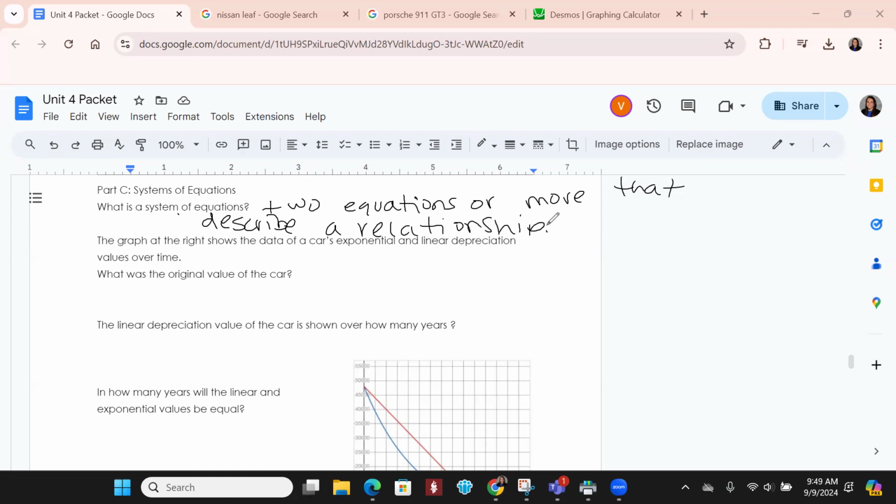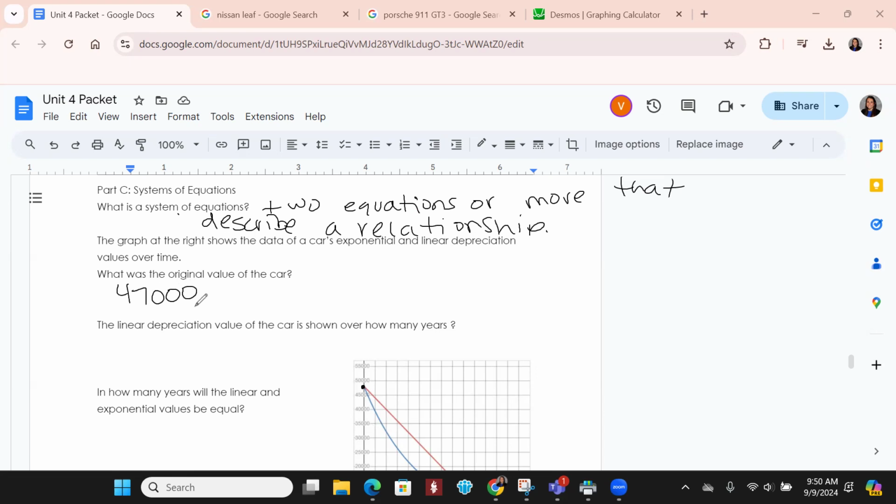The graph at the right shows the data of a car's exponential and linear depreciation values over time. What was the original value of the car? Where does it cross the y-intercept? What's halfway between 45,000 and 50,000? 47,000.